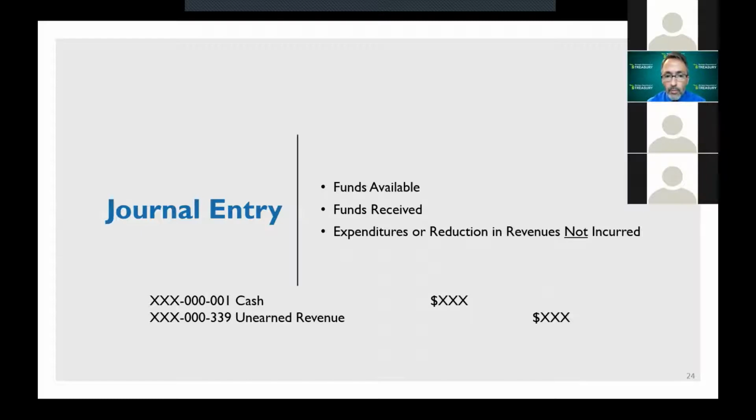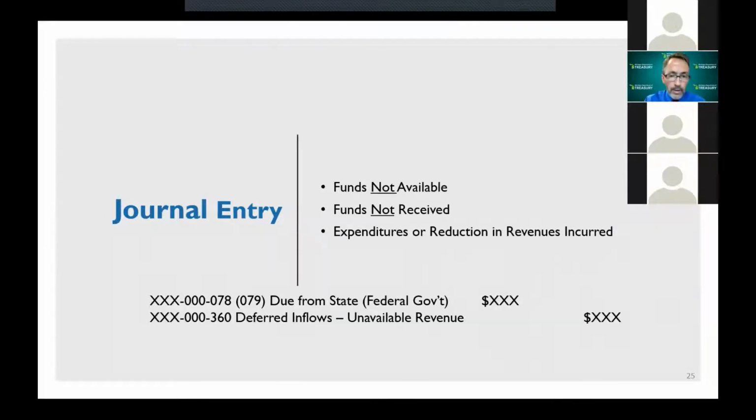So they sent you some money, and since you can incur these expenses way out until 2024, I think, that's a little later, you may not have actually incurred the expenses that would qualify. So what you would do then is debit your cash and credit unearned revenue, so that in the future you can actually reverse out that unearned revenue and book a revenue in that case. Okay, so the next slide, please.